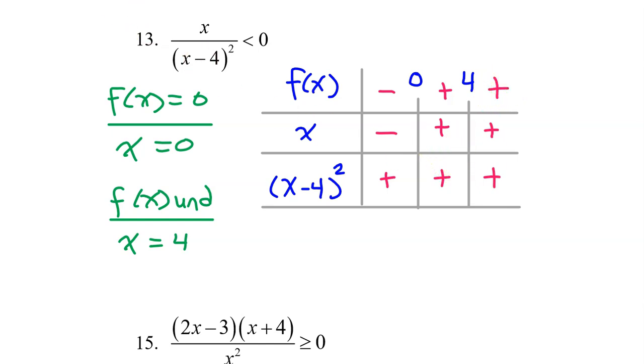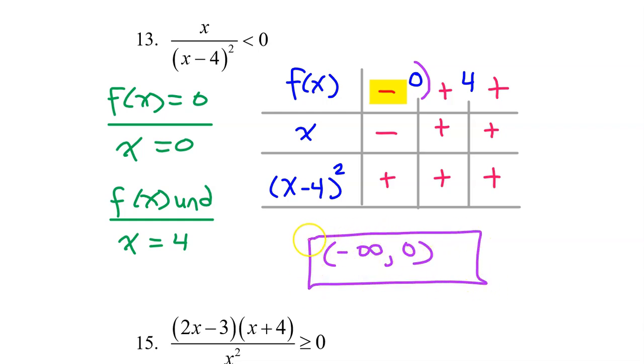We are looking for the values of x that will cause f of x to be less than 0. In other words, negative. Not equal to 0, so we will not include the 0 itself. We will show that 0 is not included by using a parenthesis. So this one interval goes from negative infinity to 0.